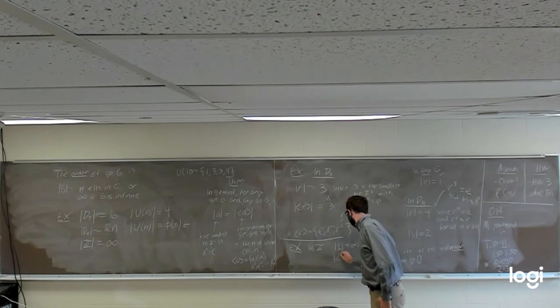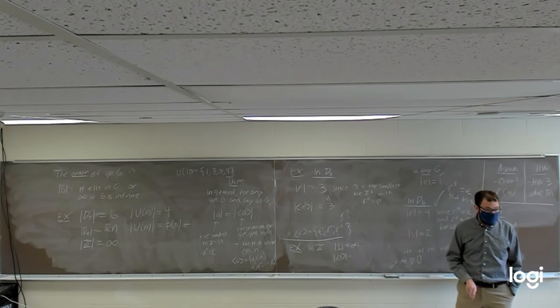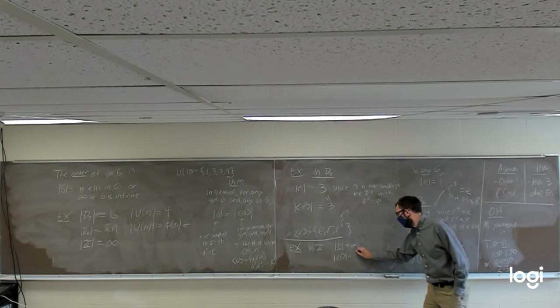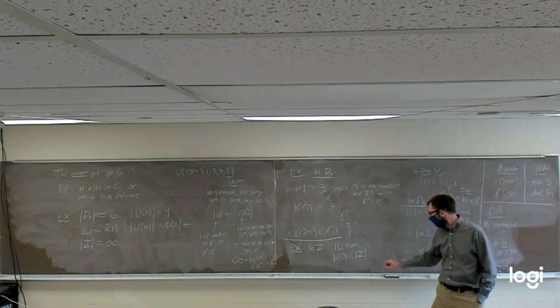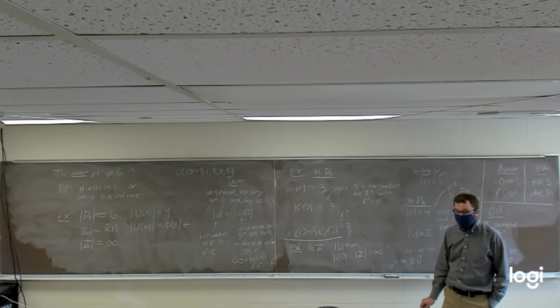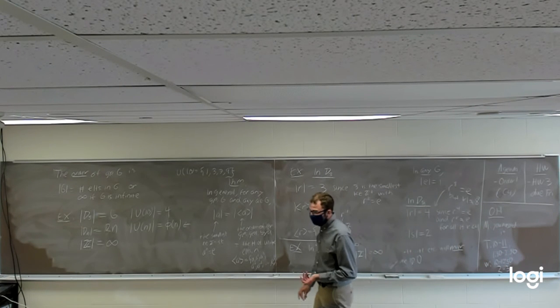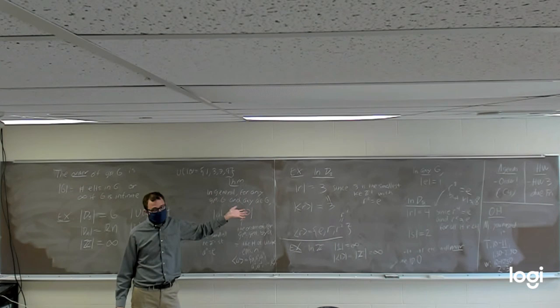But if we were to take the order of the group generated by 1, which, since 1 is a generator of all of the integers, is the same as taking the order of the group of integers, that's also going to be infinite. So depending on the group and the element in your group, this could just be saying infinity is equal to infinity.